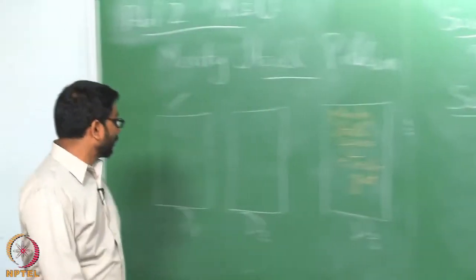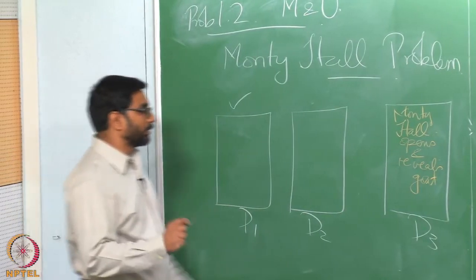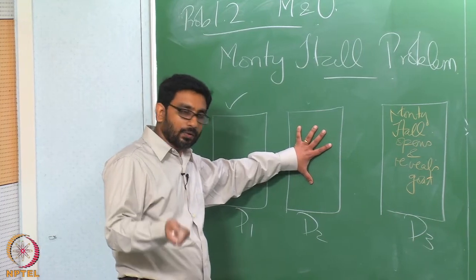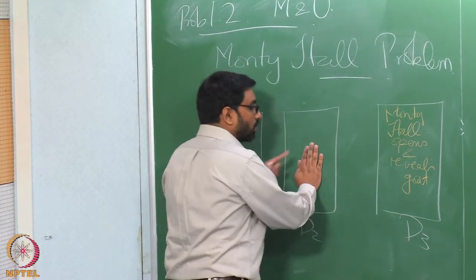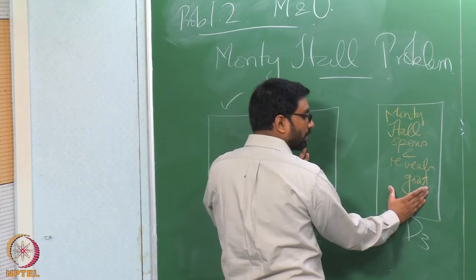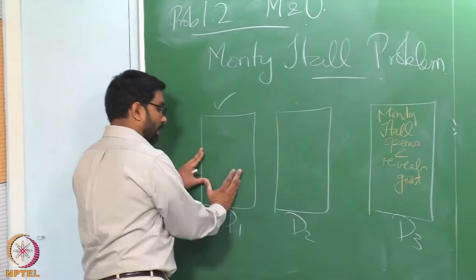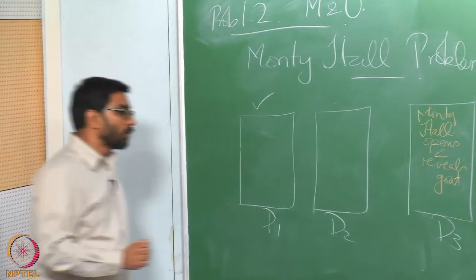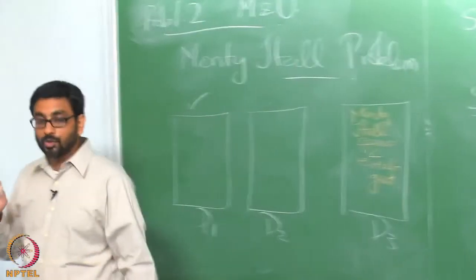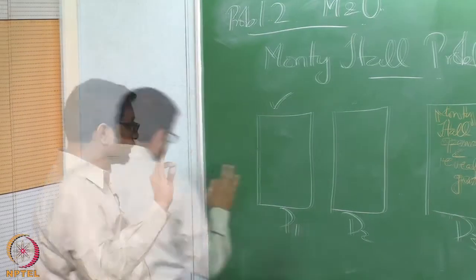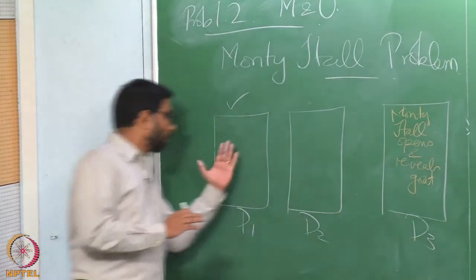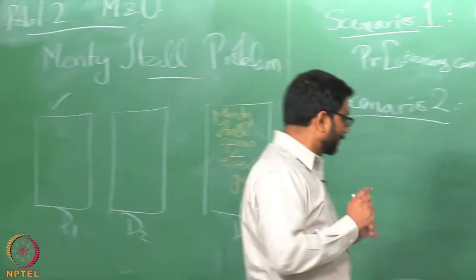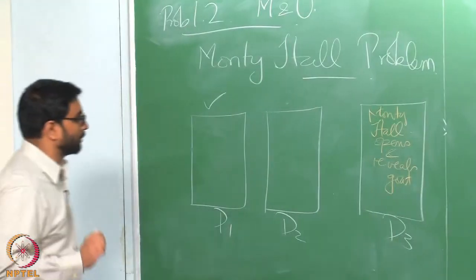On the other hand, the first choice that you made may not have been a car. If it was a goat, Monty Hall has to reveal the other door that also hides a goat, then the third door that you are going to switch to in fact has the car. So, if you started out by choosing a door that is hiding a goat, then you are necessarily going to win the car. These are the two cases that interplay with each other, so let us analyze them carefully.